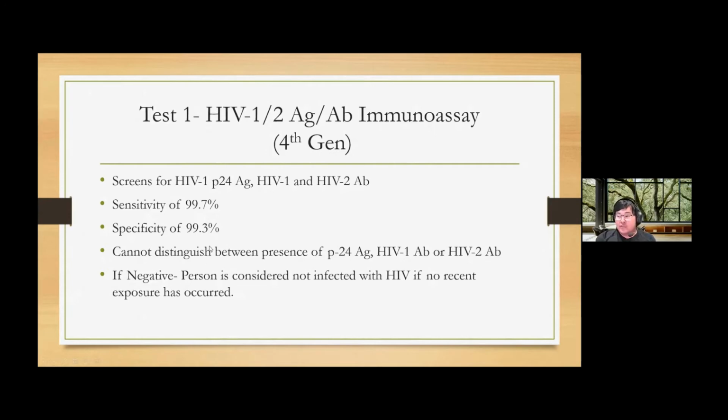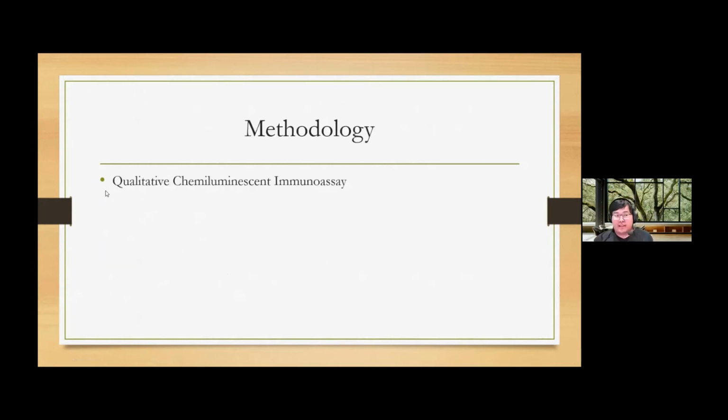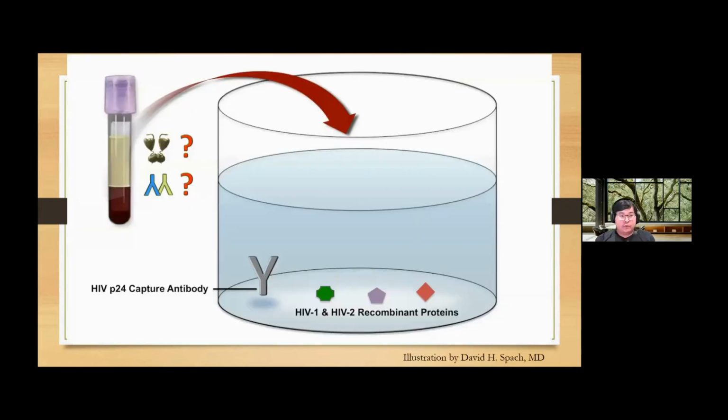So if the 4th gen test is negative, the person is considered not infected with HIV if and only if no recent exposure has occurred. So how do we detect this? Now we're going to go into the lab techniques, the qualitative chemiluminescent immunoassay. We have a well that contains P24 capture antibody and HIV-1 and 2 recombinant proteins.